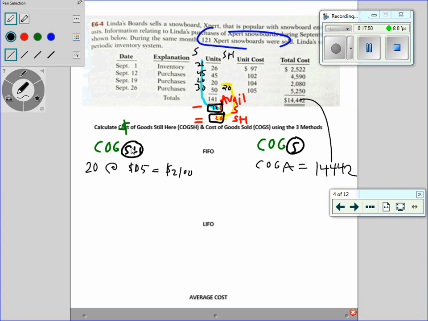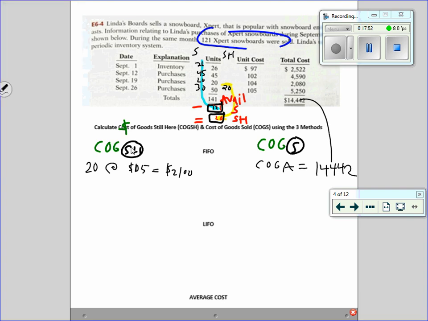You might be like, where'd that number come from? Number 2 on our list. We already calculated that. Cost of goods available minus cost of goods still here that we just calculated, 2,100.